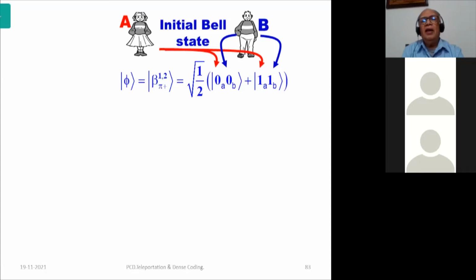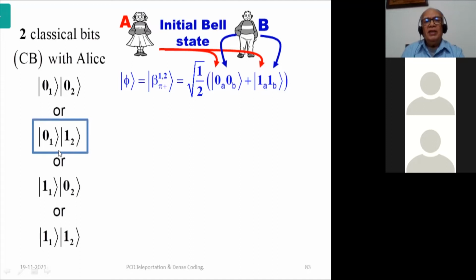And if Alice is to apply the Pauli NOT gate to her qubit, then the states of these vectors, this 0 would flip into 1 and this 1 will flip to 0. So this is the case we are considering. The first case we already considered.